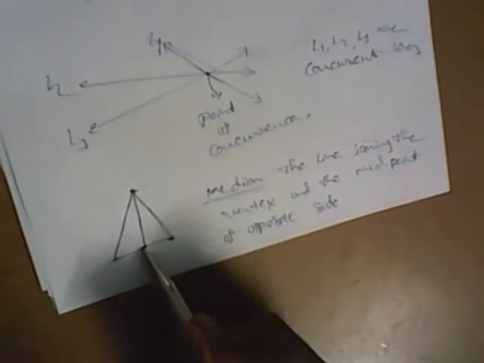It is called median. The triangle has three vertices. This is a vertex, this is also a vertex, this is also a vertex. From a vertex and the midpoint of the opposite side, we can construct a median.